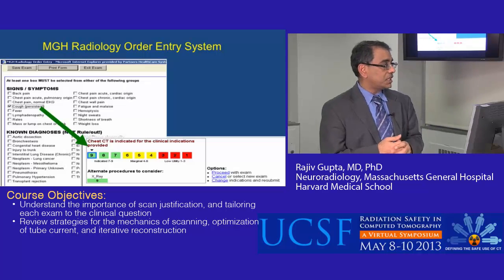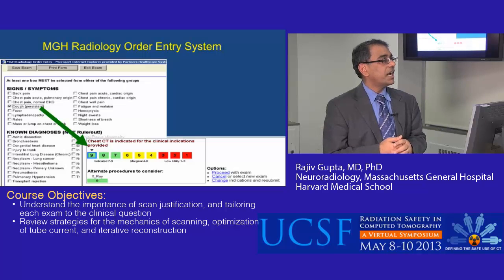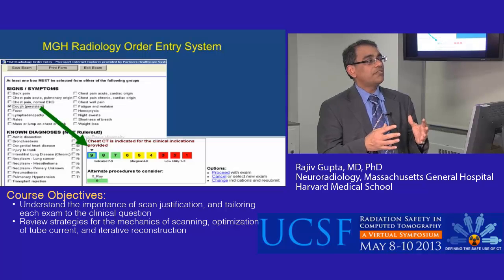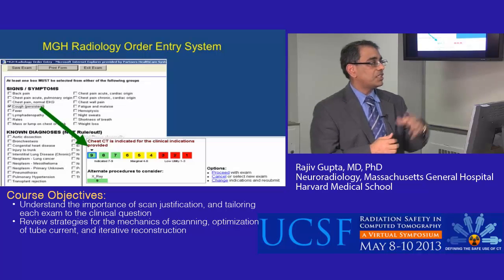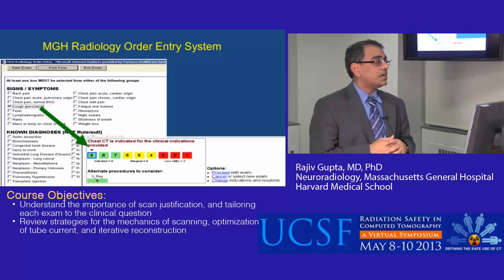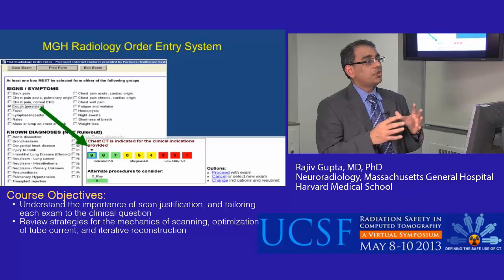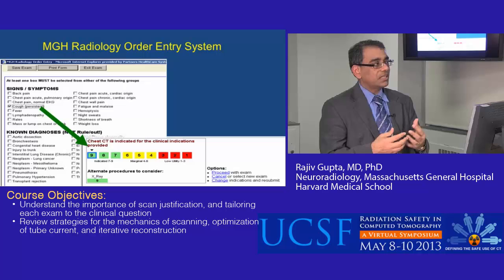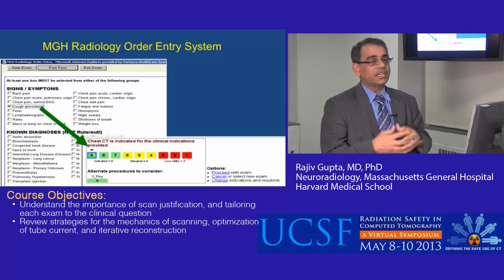One of the screens is shown over here. This is actually not for head CT, but for chest CT, and it shows that every time a physician goes to order a scan, he will check on the signs and symptoms. He will note if there are any known diagnoses, and based on that, the system will actually give you the level of evidence that this particular scan is appropriate for this clinical indication.